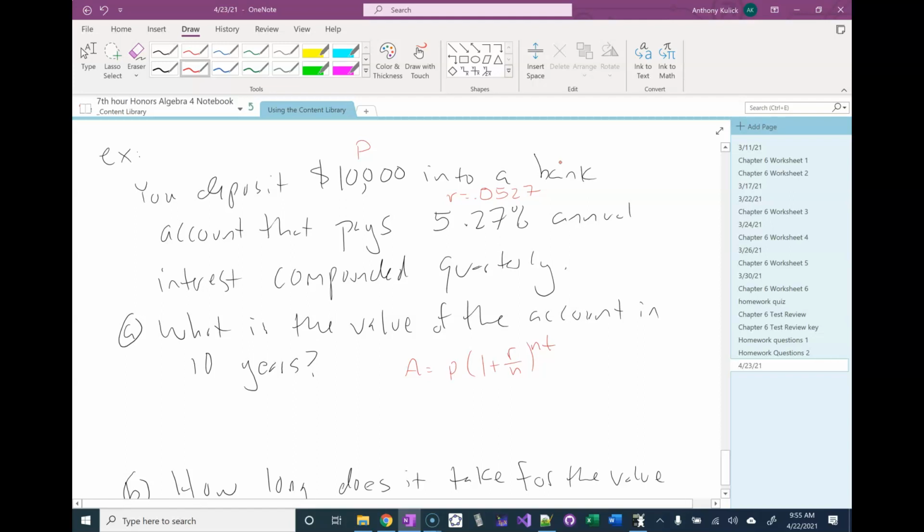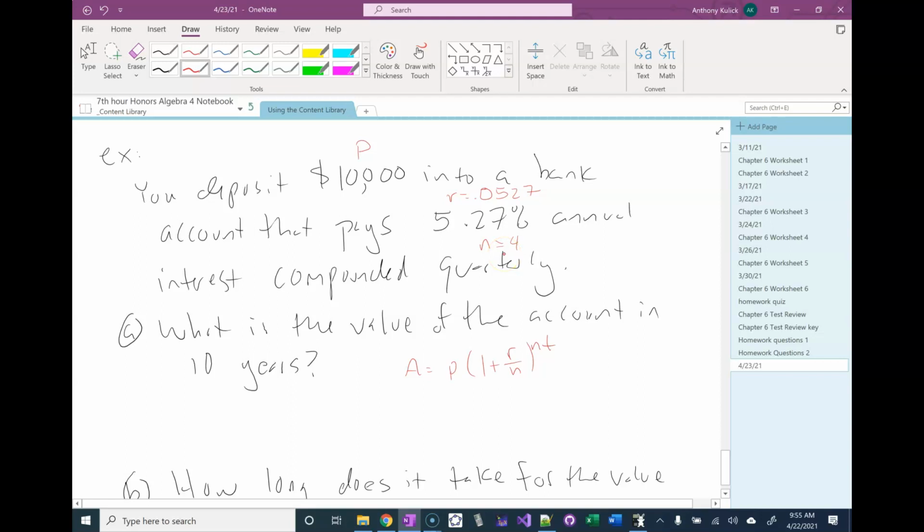Compounded quarterly tells me N would be 4, right? 4 quarters in a dollar. It might say compounded yearly, or compounded monthly, that's 12. Compounded daily, that would be 365. Compounded weekly, that would be 52.